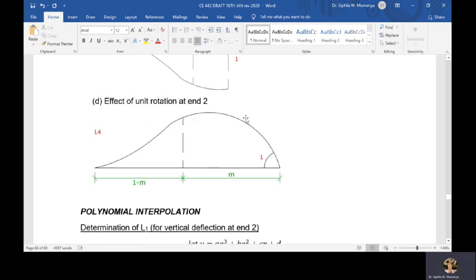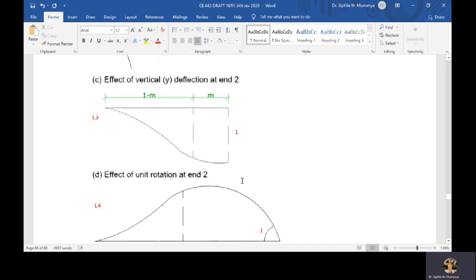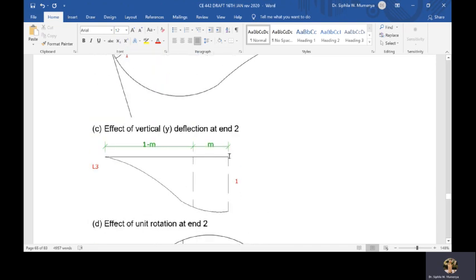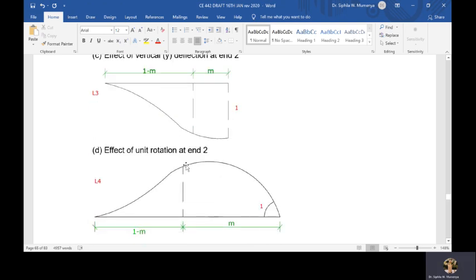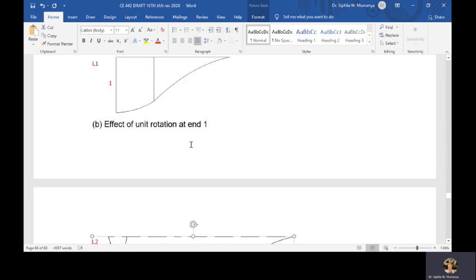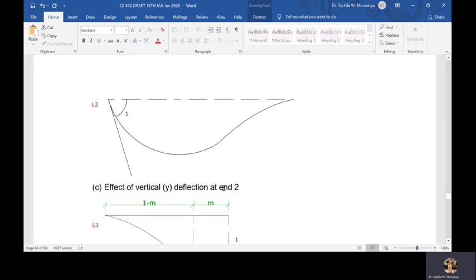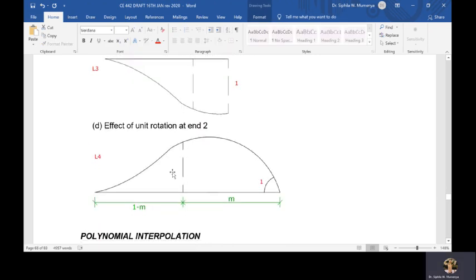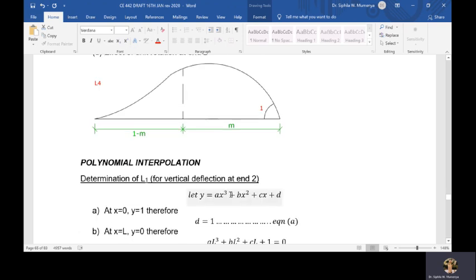So we have this for each of these displacements, that is vertical displacement at 2 and unit rotation at the same end. So we have these two shapes shown with respect to end 1 and 2.